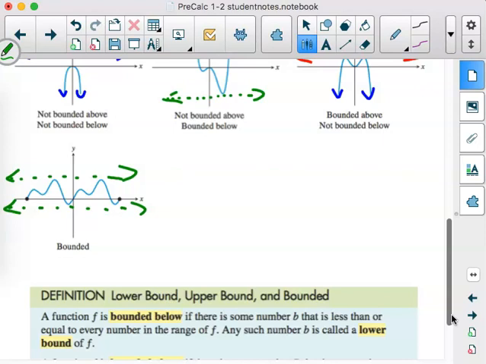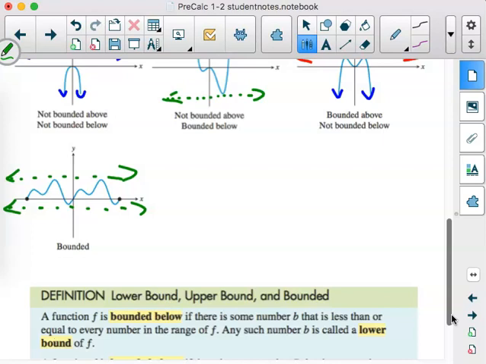So little descriptions of bounded above, bounded below, and then all together, if you have both of them, it's just called bounded. Ben. So just a horizontal line would be bounded because it's not going to go up, it's not going to go down. It's just there.